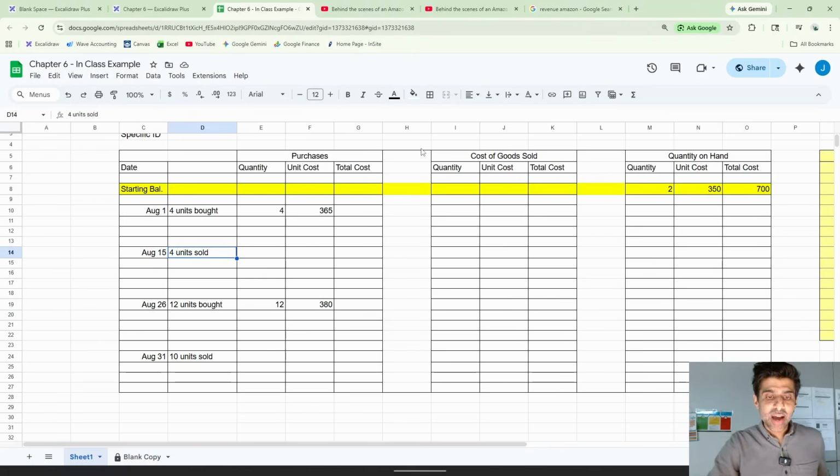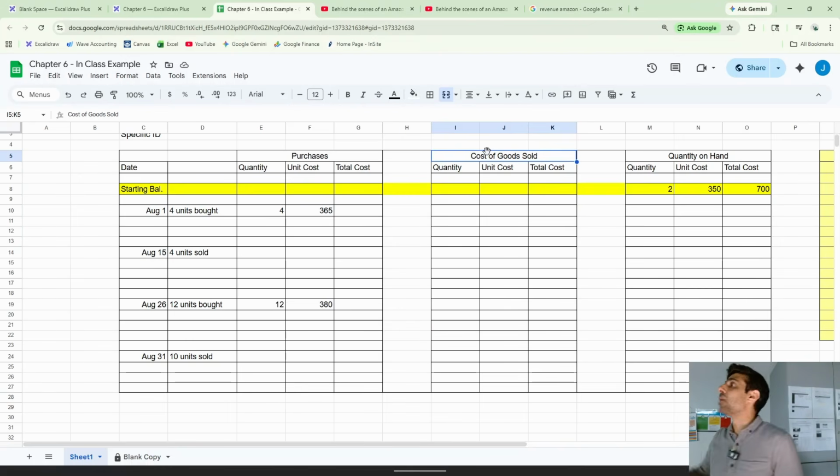This is just how we're calculating cost of goods sold. We're not given enough information to do the full journal entry for the sales transaction because we would need to know what we sold it for. We're only tracking what we're purchasing it for, or when we sell items, what it's going to cost. Okay, so let's do the first one.